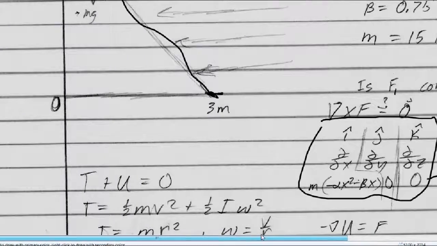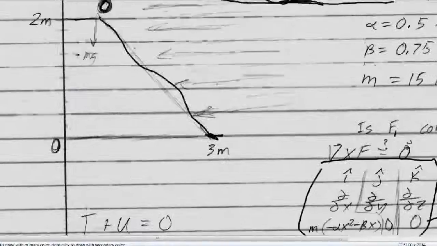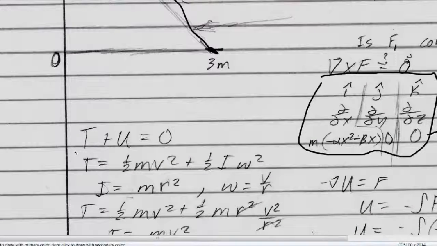So we should be able to safely use the work energy setup that's usually used, where you take kinetic energy plus potential energy equals the total work done, which would be 0.